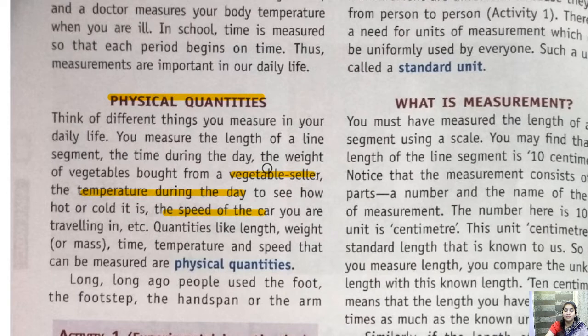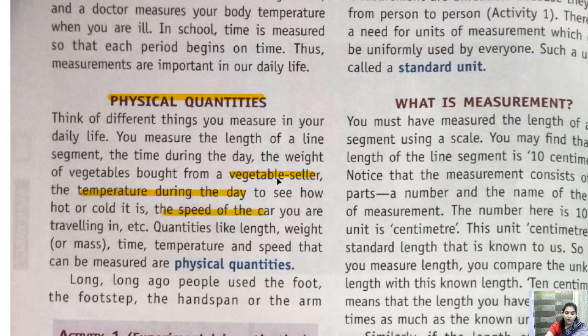They can be measured. Potatoes, tomatoes, all these vegetables can be measured. So all the quantities that can be measured are called physical quantities. Quantities like length, weight, time, temperature and speed that can be measured are called physical quantities.